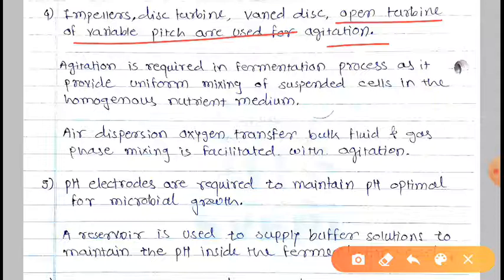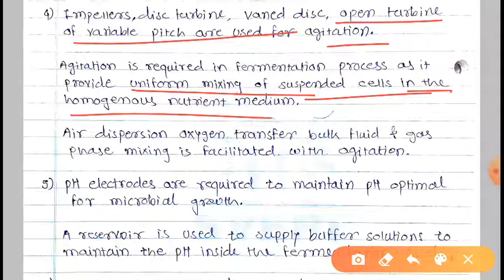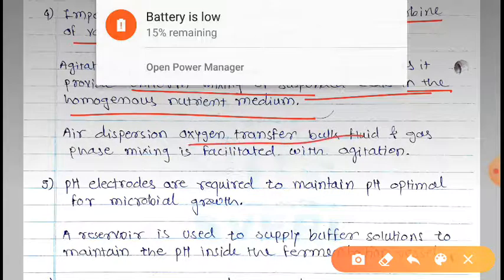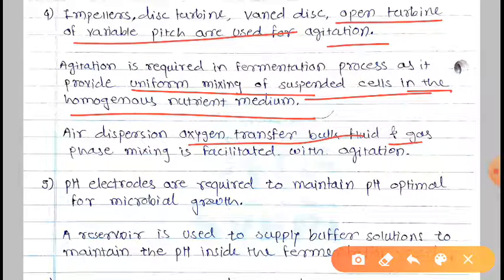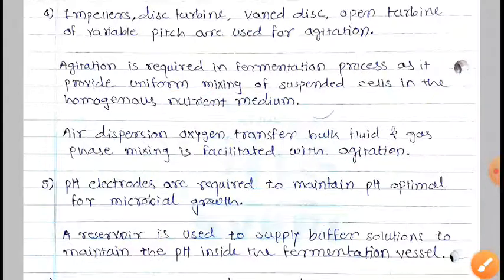Agitation is required in the fermentation process as it provides uniform mixing and spreads the cells uniformly and homogeneously, so the product will have the maximum yield. Air dispersion, oxygen transfer, bulk fluid and gas phase mixing is facilitated with the help of the agitation process.